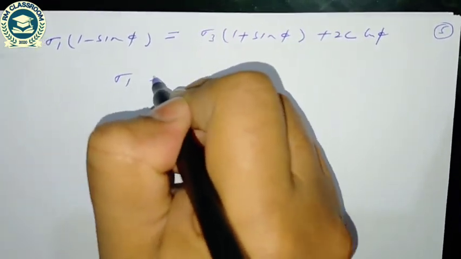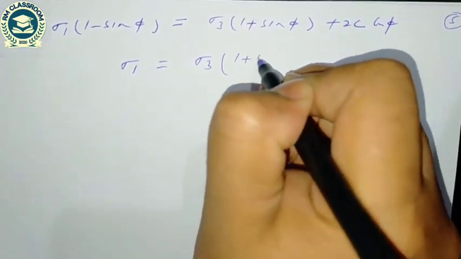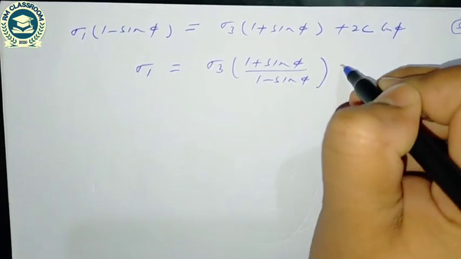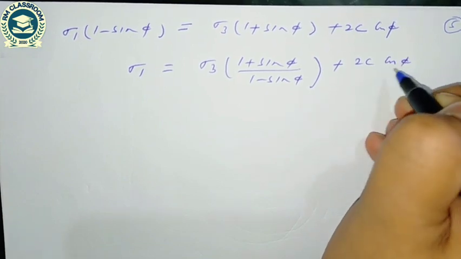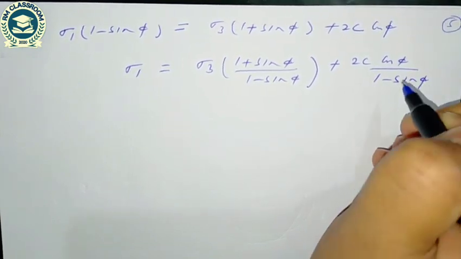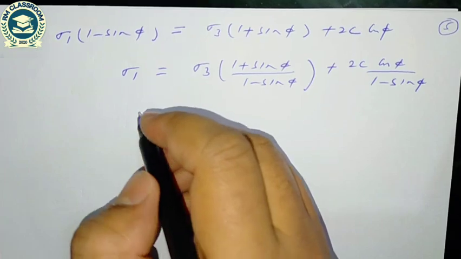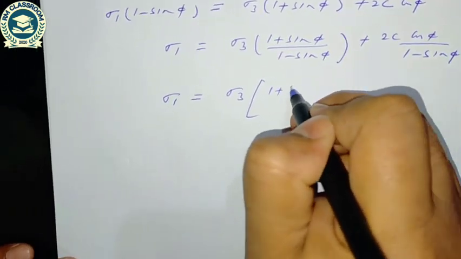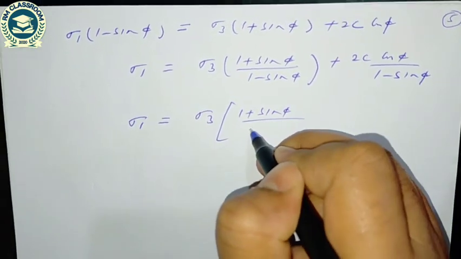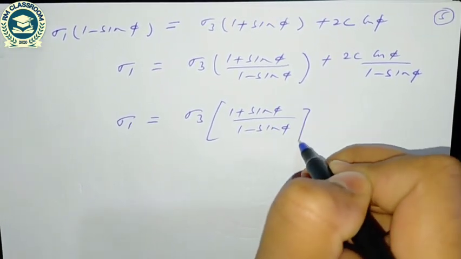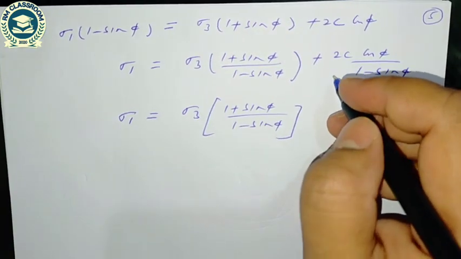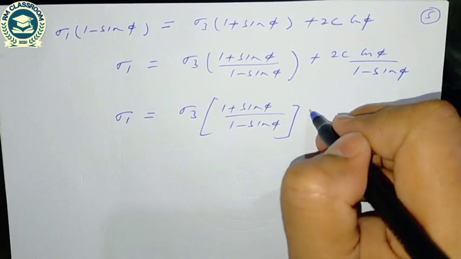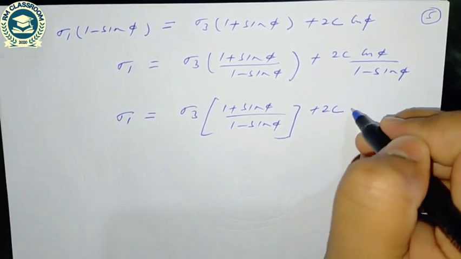So sigma 1 is equal to sigma 3 into 1 plus sin phi divided by 1 minus sin phi plus 2C cos phi divided by 1 minus sin phi. So sigma 1 is equal to sigma 3 into 1 plus sin phi by 1 minus sin phi. We know this is the passive earth pressure coefficient, which can also be written as tan square 45 plus phi by 2, plus 2C.